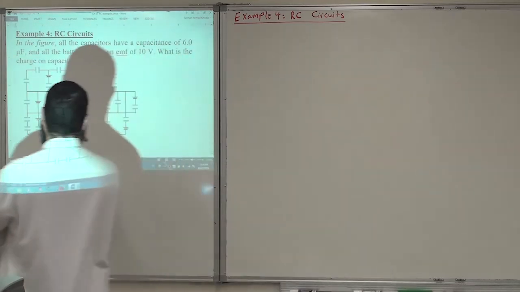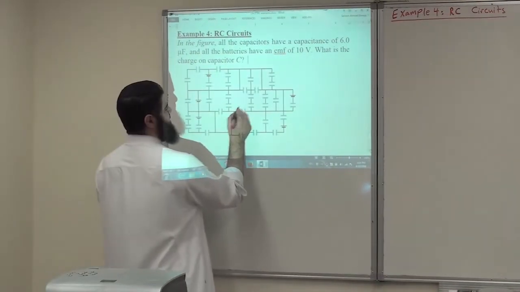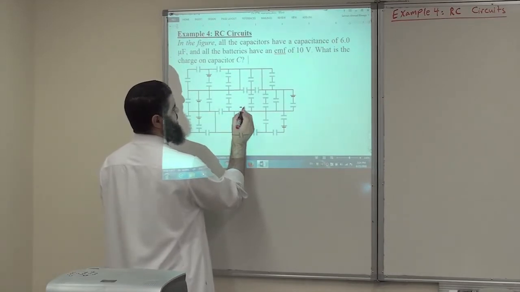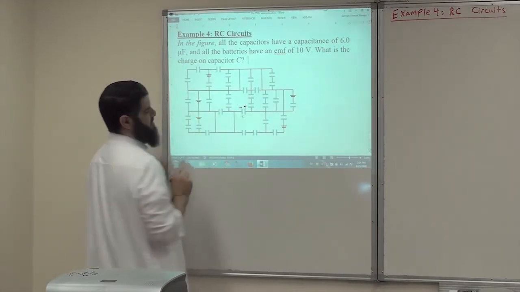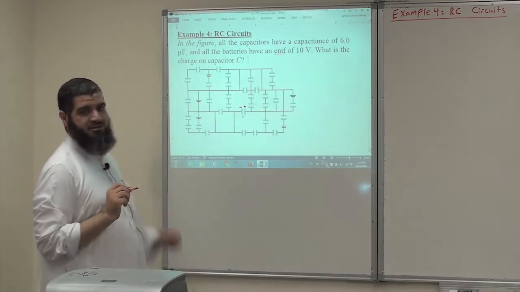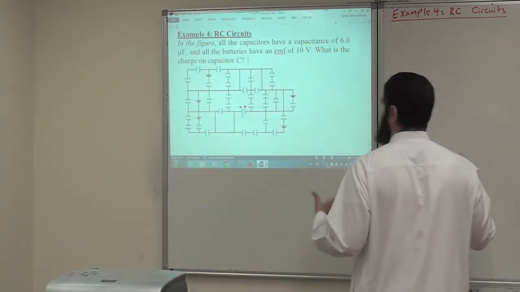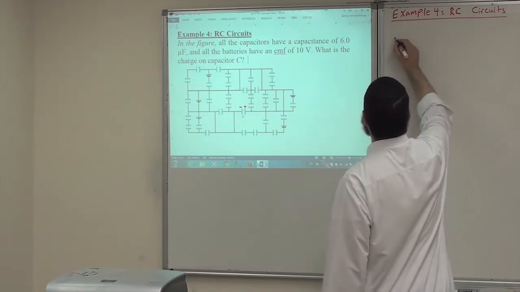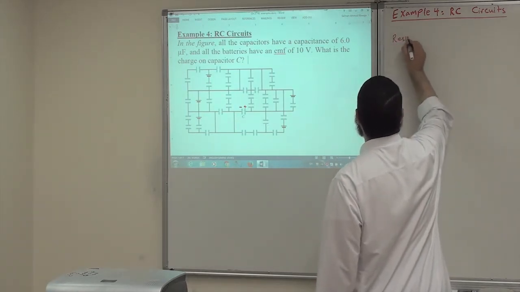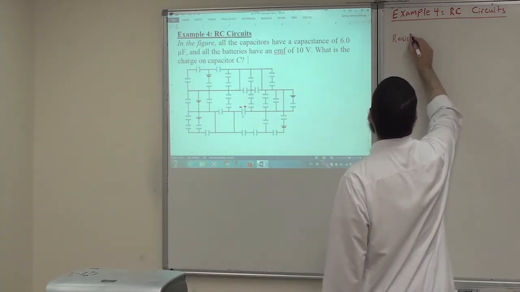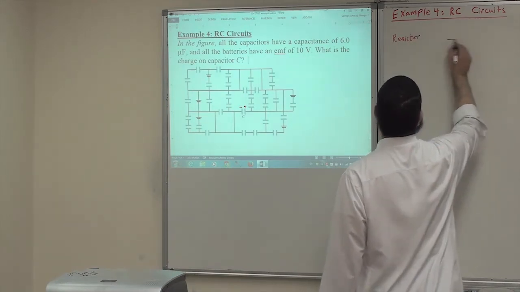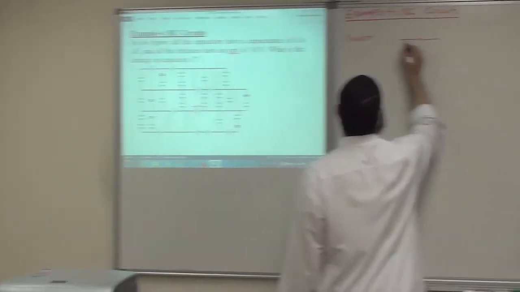So let us assume that this side is negatively charged. Here negative, and there is positive. And let me remind you of the rules which we covered so far. For the resistor, we need to take care of the direction of the current.